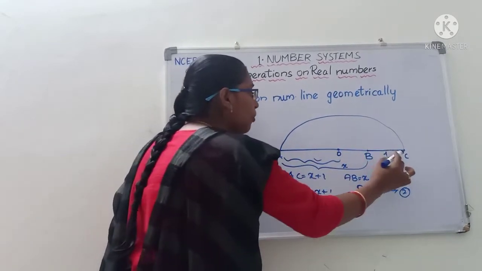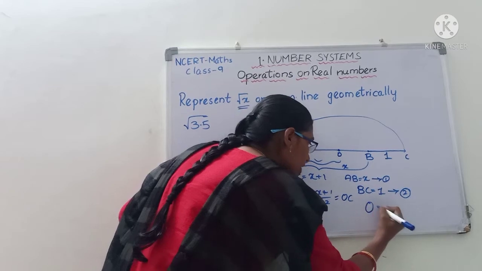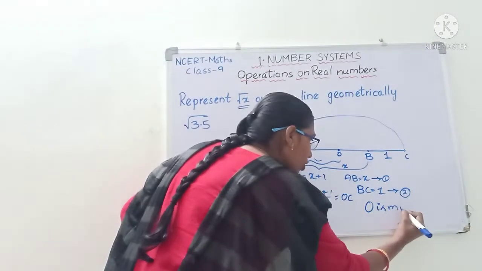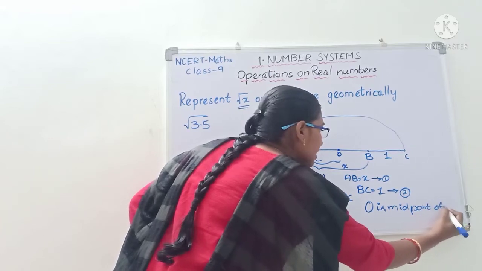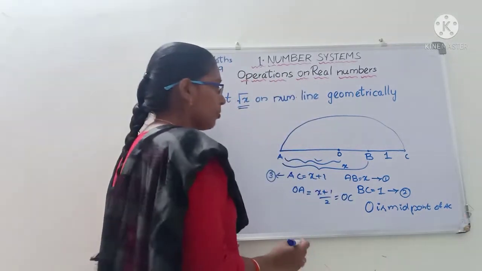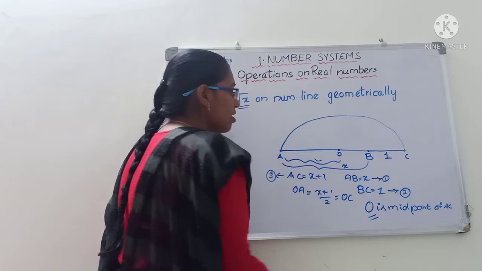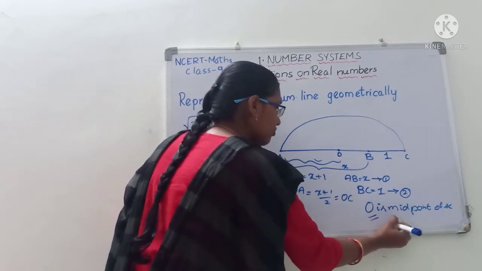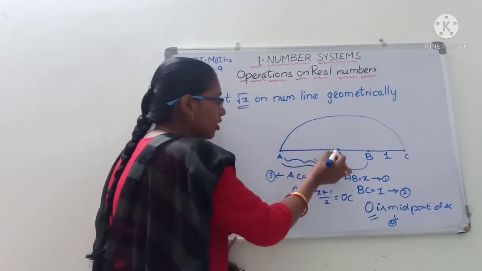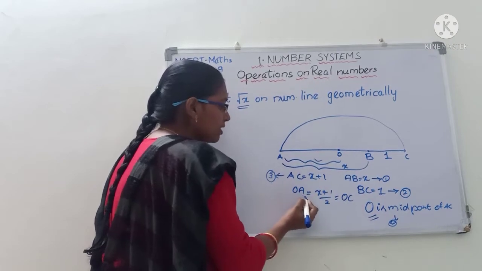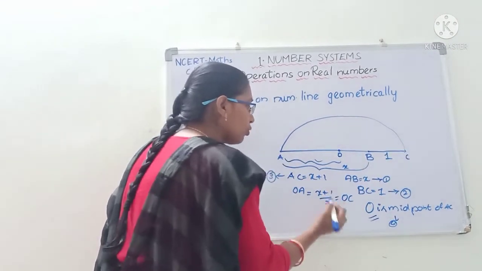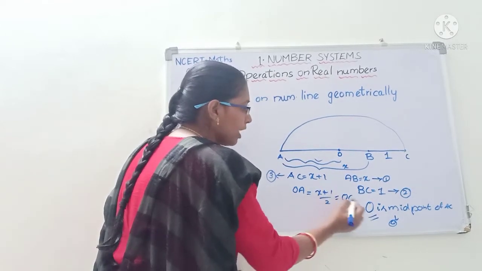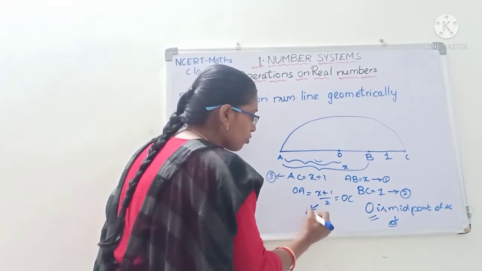O is the midpoint of AC. Mark this point O as the midpoint of AC. This is fourth step. Then you get OA and OC. OA is AC by 2. AC is x plus 1. OA is equal to OC, that is equal to x plus 1 by 2.